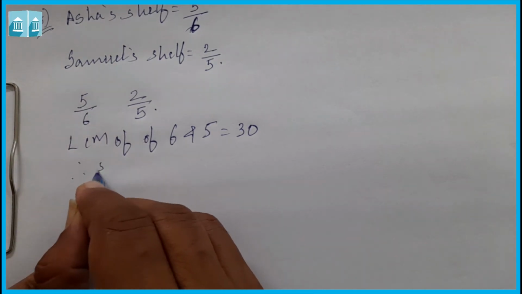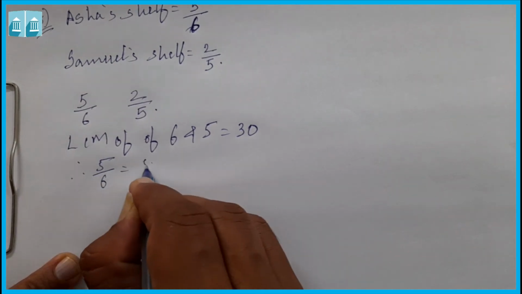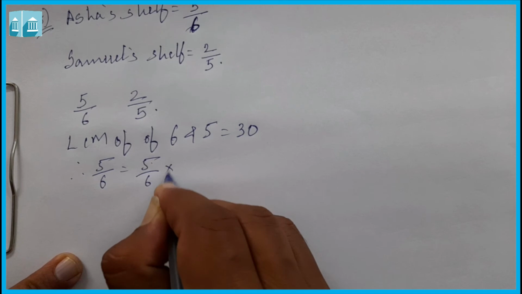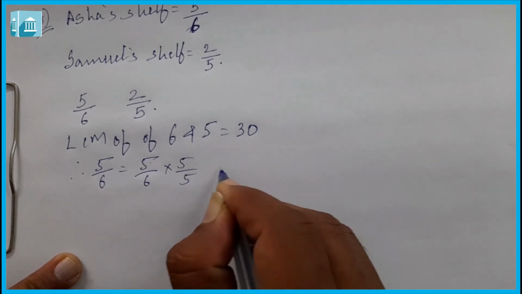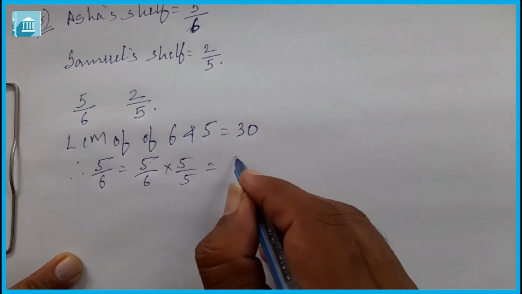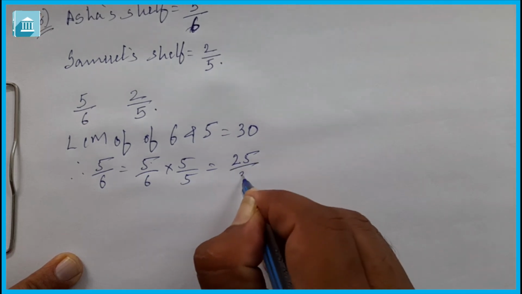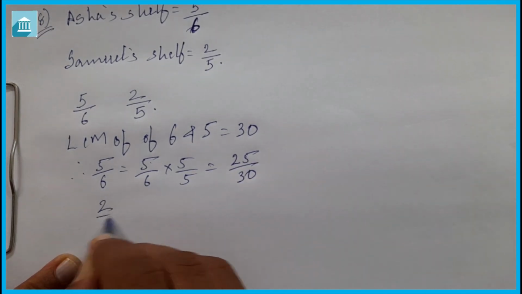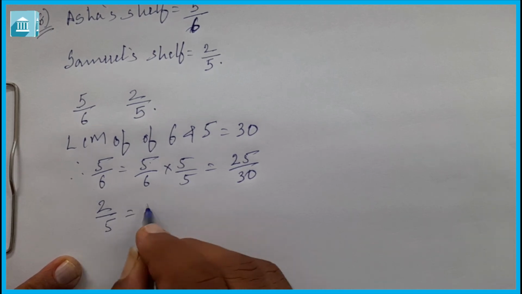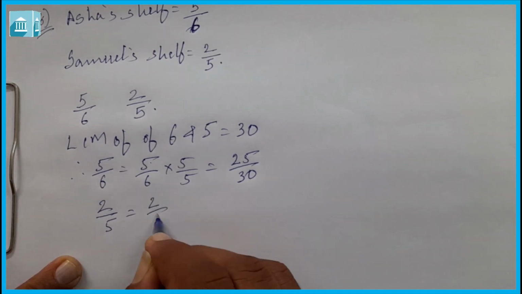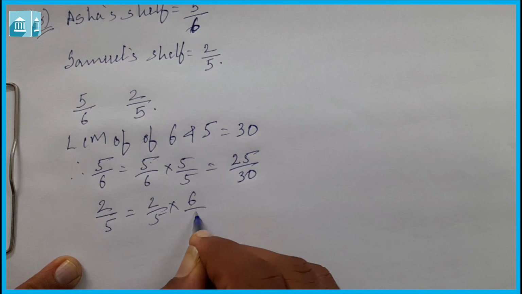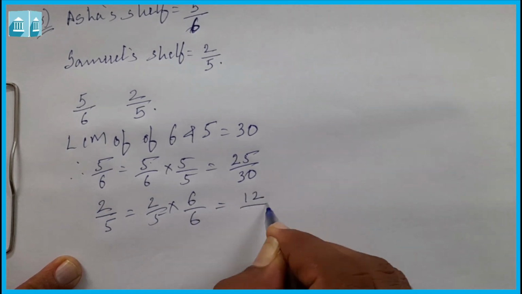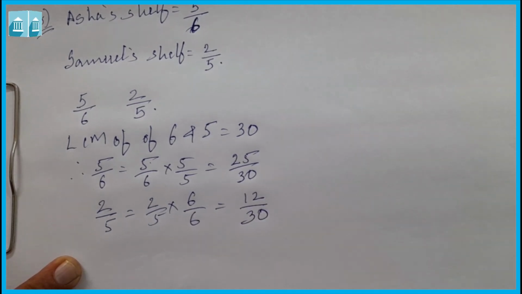Therefore 5 by 6 is equal to 5 upon 6 into 5 upon 5, which is equal to 25 upon 30, and 2 by 5 is equal to 2 by 5 into 6 upon 6, which is equal to 12 upon 30.